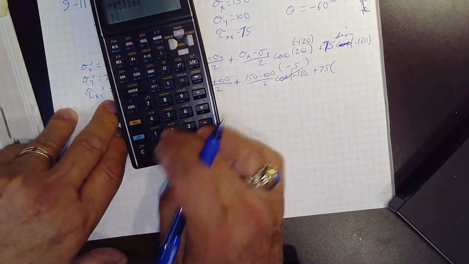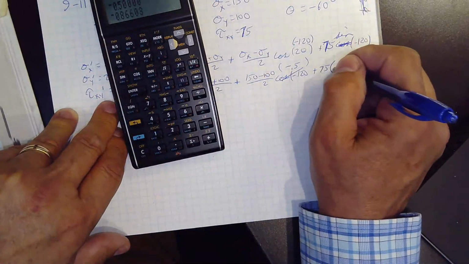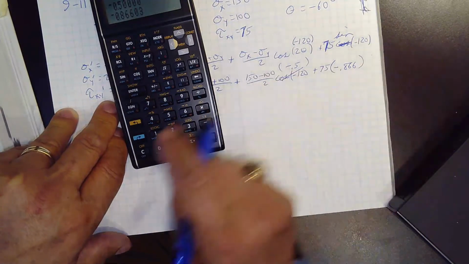The sine of minus 120 is minus 0.866. Okay?